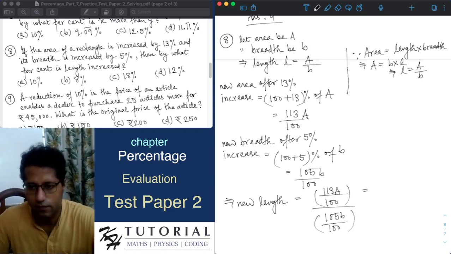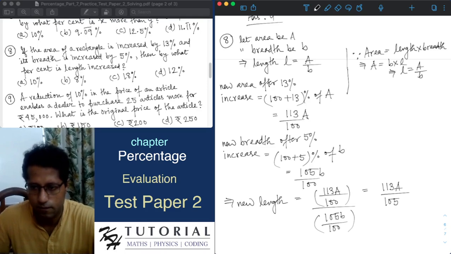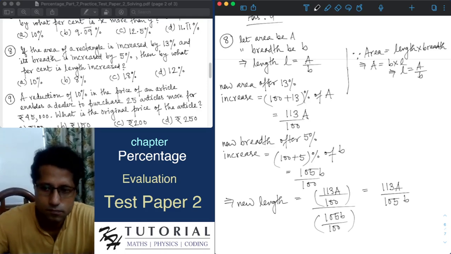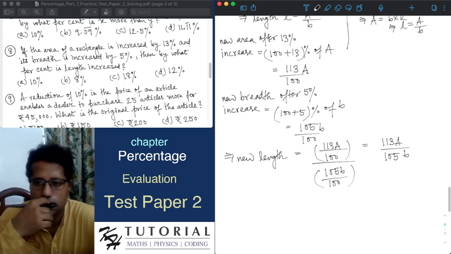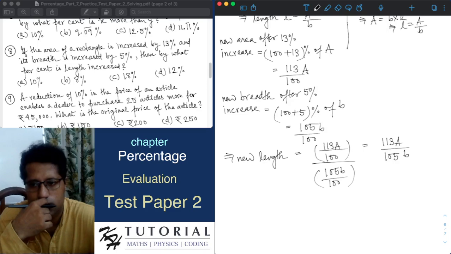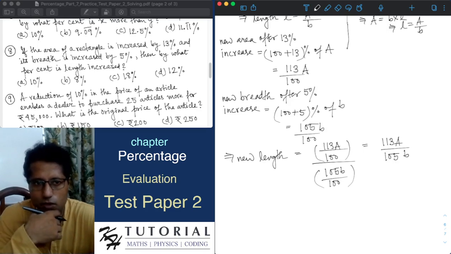The 100 cancels out. This is 113A by 105B. Okay, the new length is this. Now it is asking by what percent is length increased.